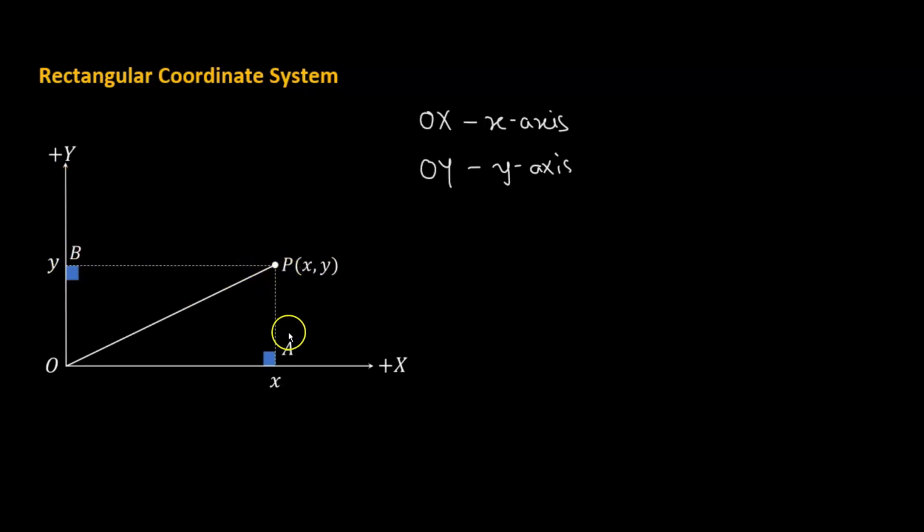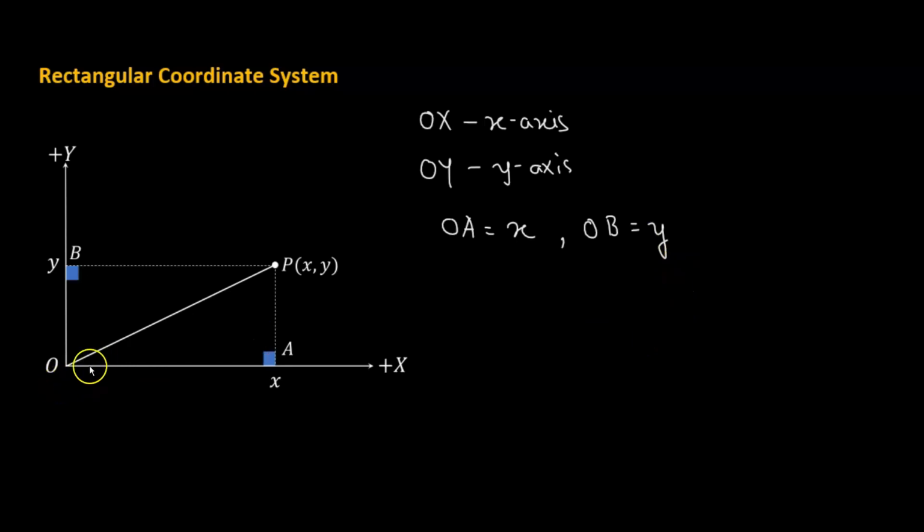The lengths of these perpendiculars give us the x coordinate and the y coordinate respectively. So that means the value of OA is equal to x, and the value of OB will be equal to y.